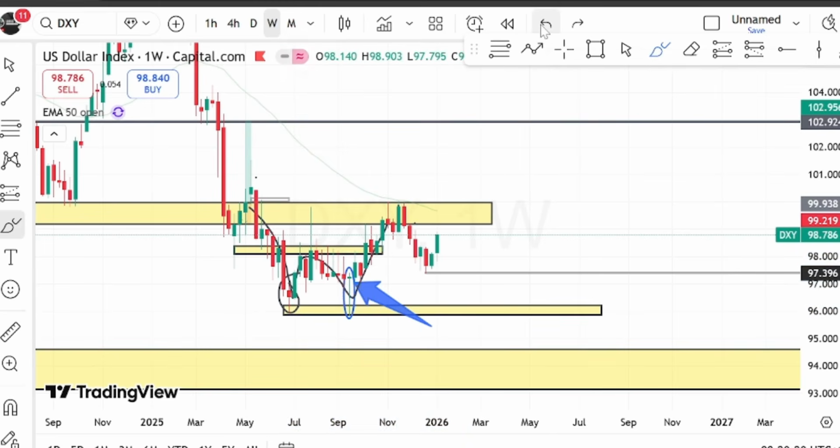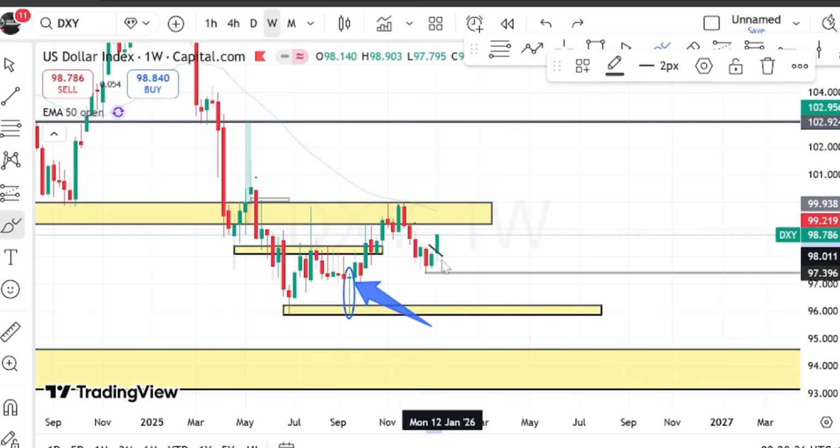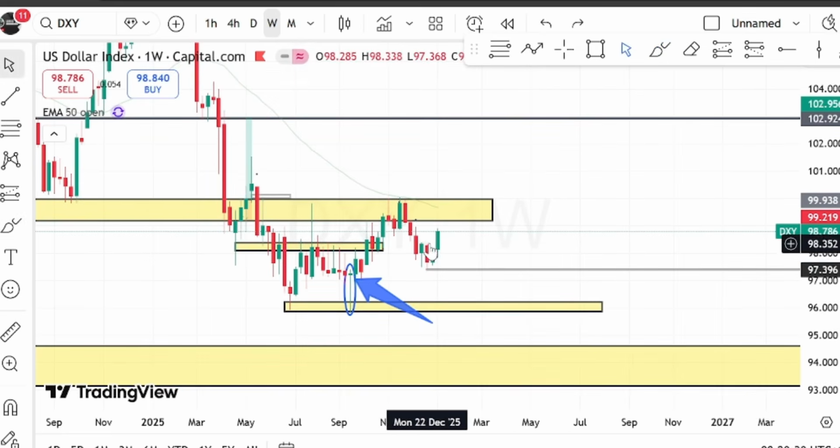Hence, this was one of the reasons I was looking for price bullishness, especially seeing this bullish candle in which price closed two weeks ago, between the 31st and the 1st.